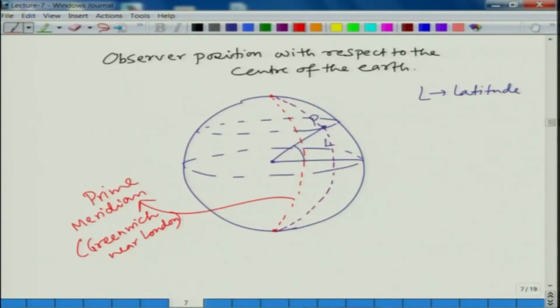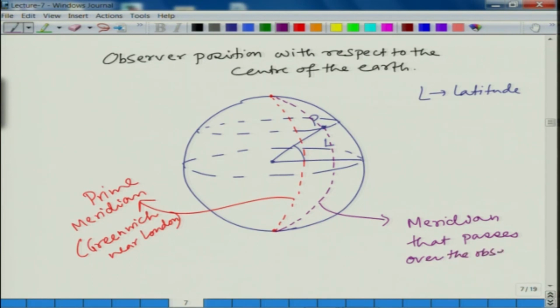Anyway, this purple line that we see is the meridian. Meridians are the lines that pass from one pole to the other through the surface of the earth. So, P is the meridian that passes over the observer location.